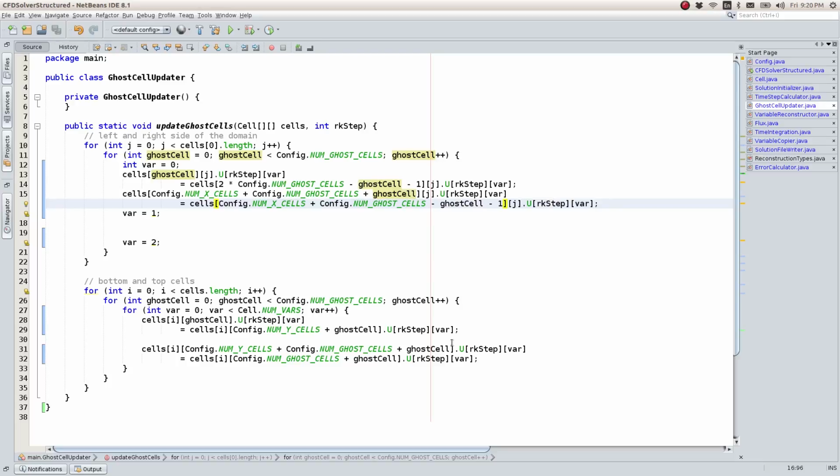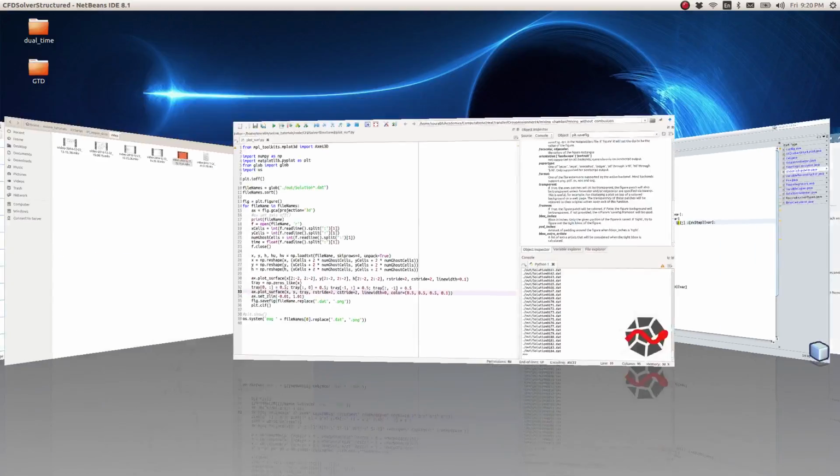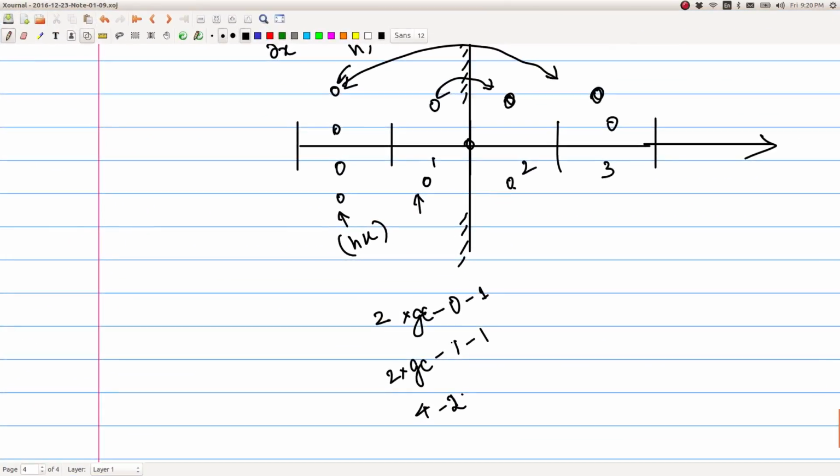Okay, I'm just thinking in my head, so let me just draw this. So on the right hand side, this wall, let us consider this. So number of cells plus the number of ghost cells, when I do that, I will be pointing to this particular cell, and what I should do is that this cell should be equal to this cell and this cell should be equal to this cell.